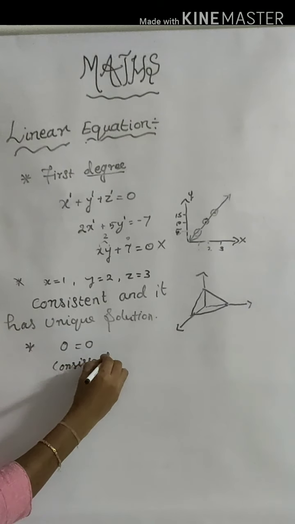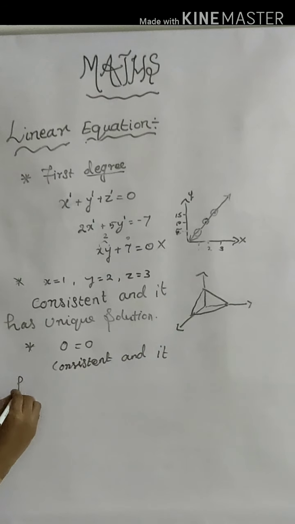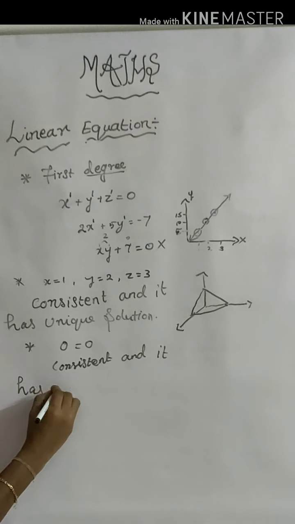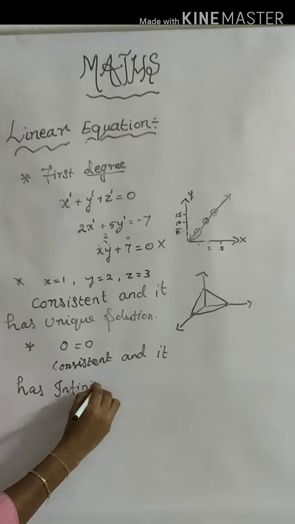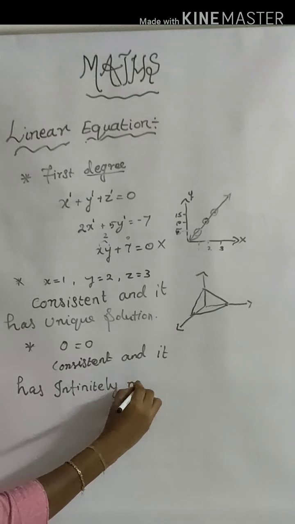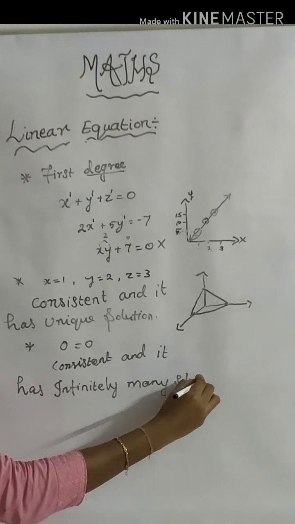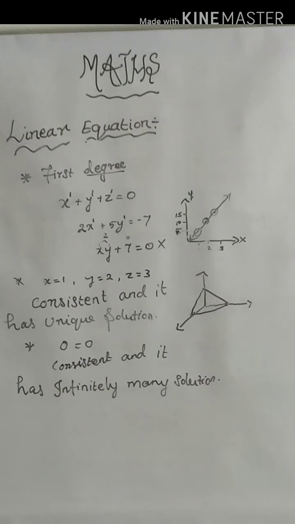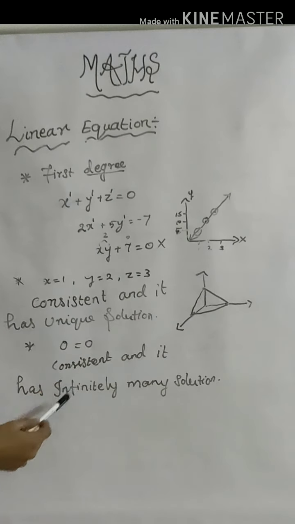So the system of equations is consistent and it has infinitely many solutions. If you arrive at the identity 0 is equal to 0, how many solutions can we have? Infinitely many solutions. In the same way, we'll move on to the next case.